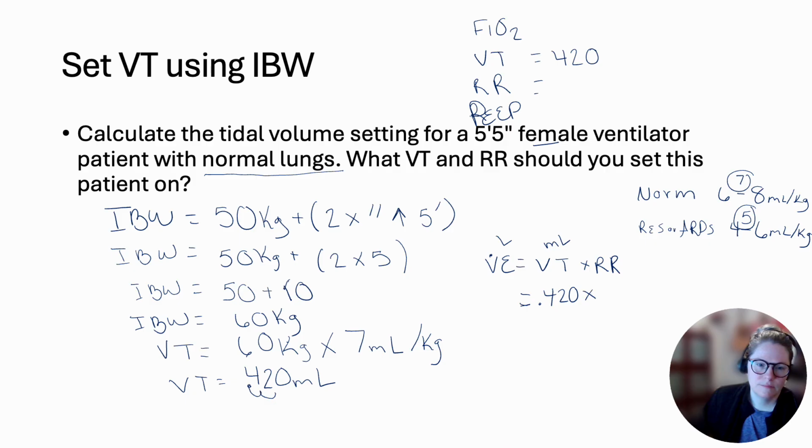So for normal lungs, well, normal respiratory rate, let's start there, is 12 to 20. Typically for normal lungs, we're going to set it between 14 to 16, depending on our tidal volume and what we're trying to do. So let's start with a respiratory rate of 14.